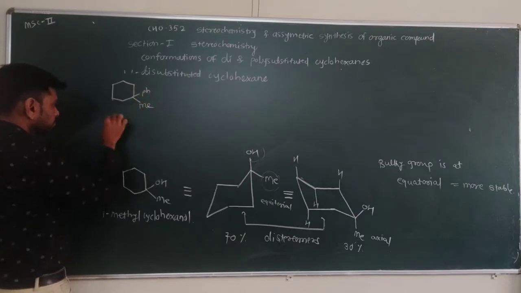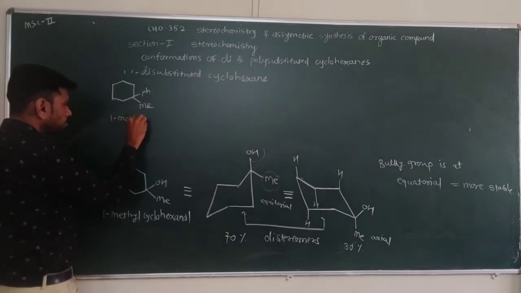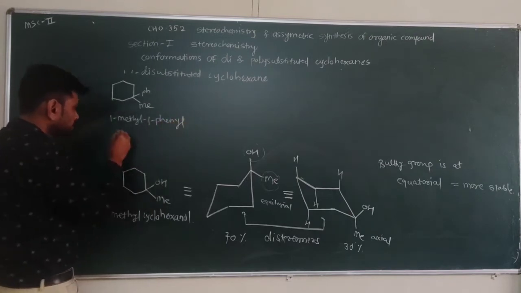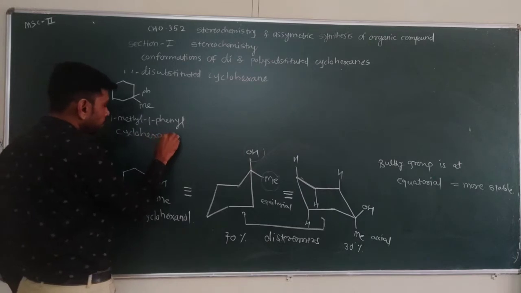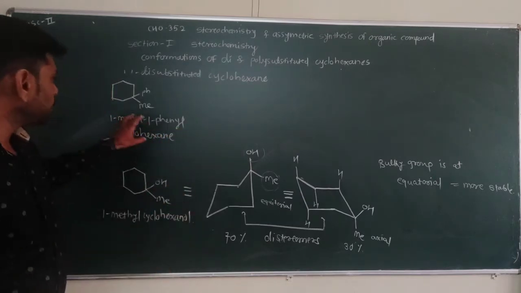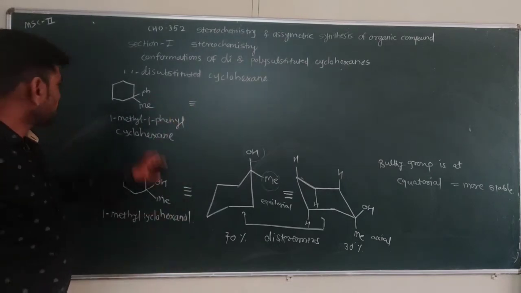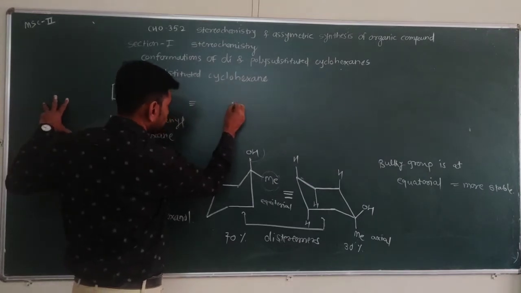But here is an exception, where we have taken the example of 1-phenyl 1-methyl cyclohexane. Let's convert the structure into chair conformation.